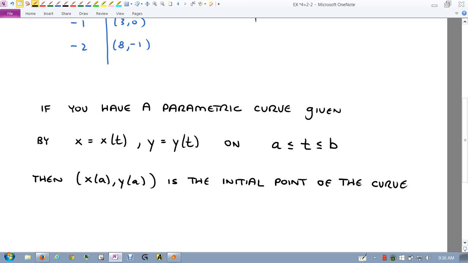And x of b, y of b is the terminal point of the curve. It's the two endpoints, right? And then you have everything in between that connects those two dots together.